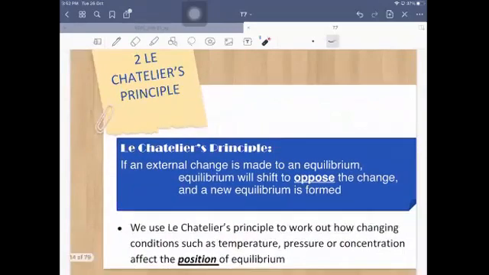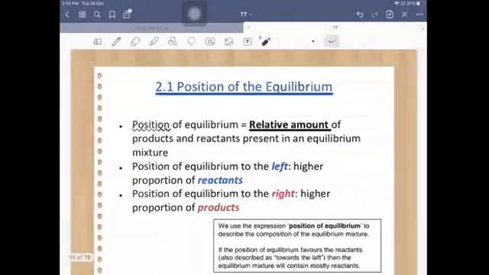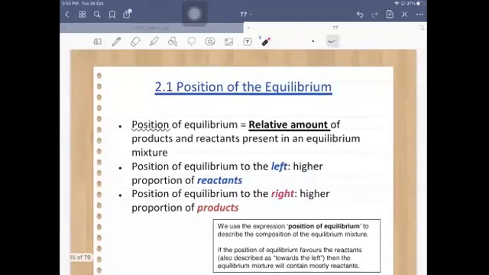Okay. We use Le Chatelier's principle to work out how changing conditions can affect the position of equilibrium. So I'm sure you all have come across this term, position of equilibrium, shifted to the left, shifted to the right. But what does it actually mean?